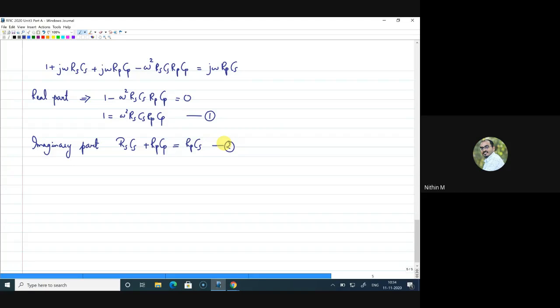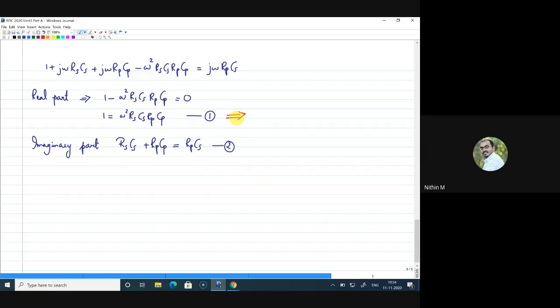Now if you look at this equation, 1 is equal to omega square RSCS RPCP. What does this imply?